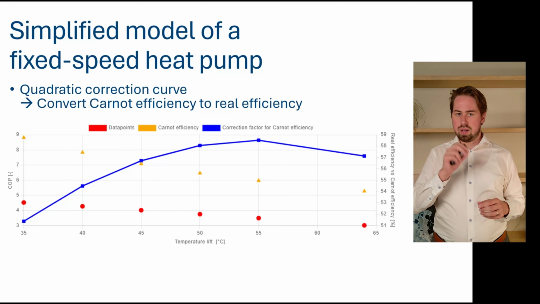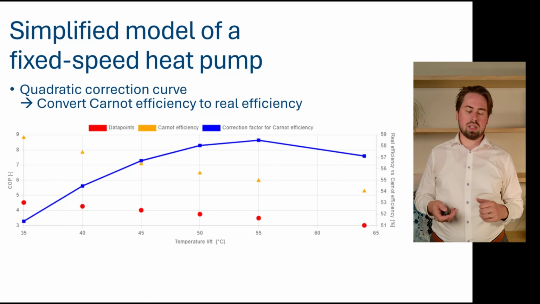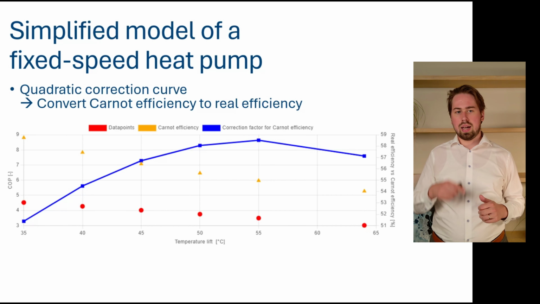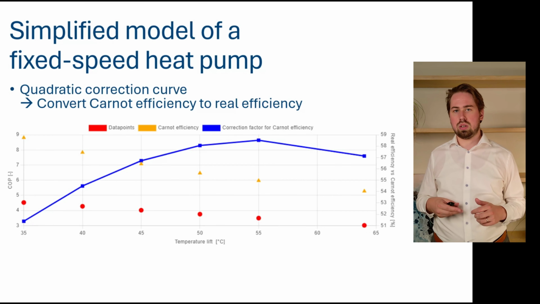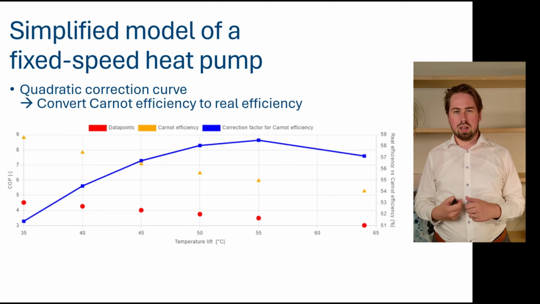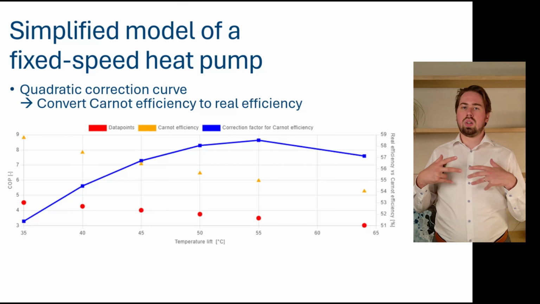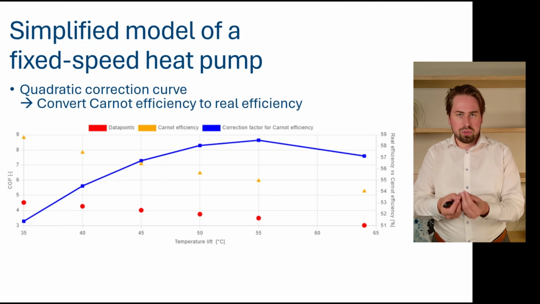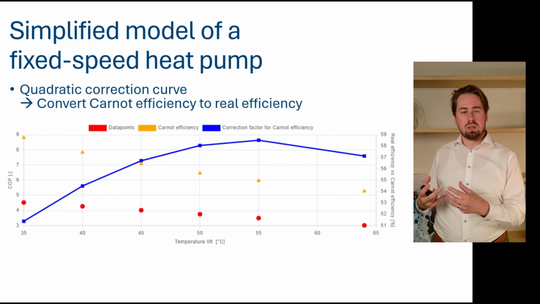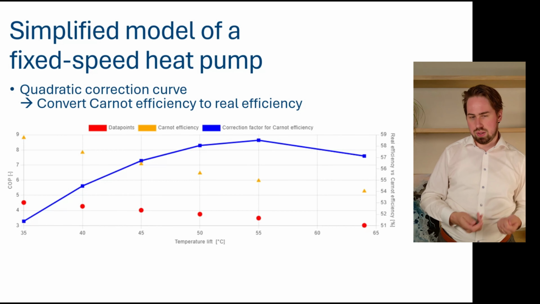So here you see the red dots. These are the real efficiencies, the real COPs, as you can see on the axis on the left. And you have these yellow triangles, which are the theoretical efficiencies. And you can see that the theoretical efficiencies are way higher than the real efficiencies, of course. And then you have this blue line, and this is the correction factor to convert your theoretical efficiency that we know for all temperature combinations to the real efficiency.